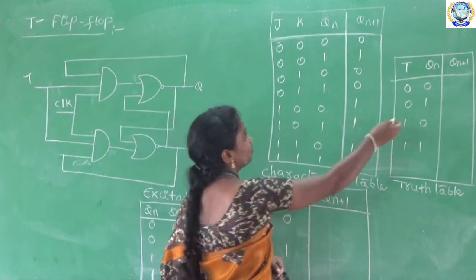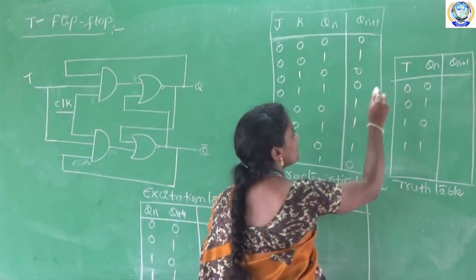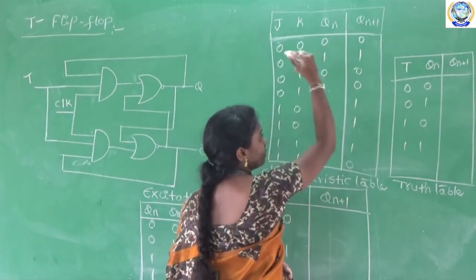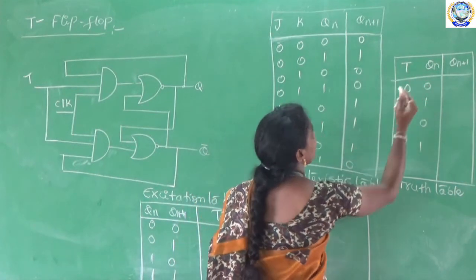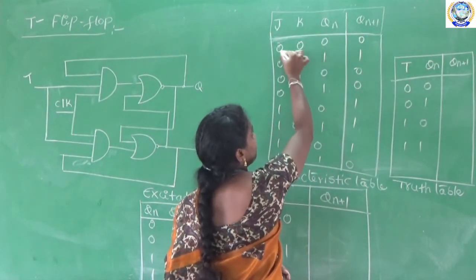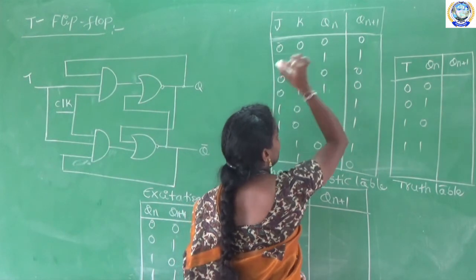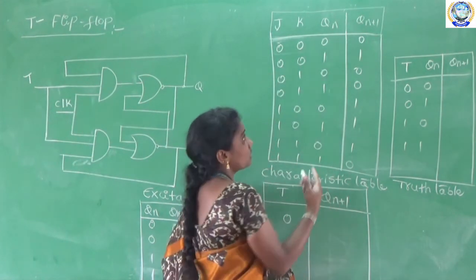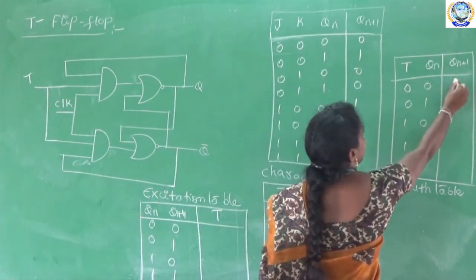First condition, when T equal to 0, that means J equal to 0, K equal to 0, present state Qn equal to 0. In this condition, the next state Qn plus 1 is 0.